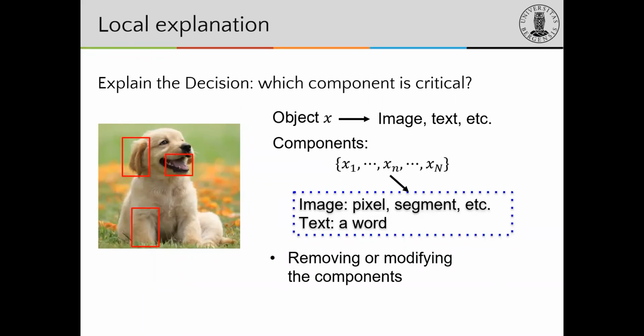If we modify or remove some of the components and it leads to a very large change of the decision, then we know this part of the components is very important for the decision. Based on this idea, we know how to find the important components.